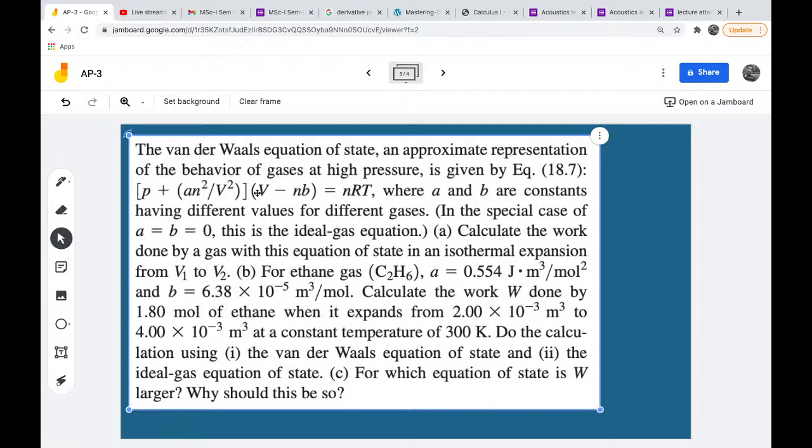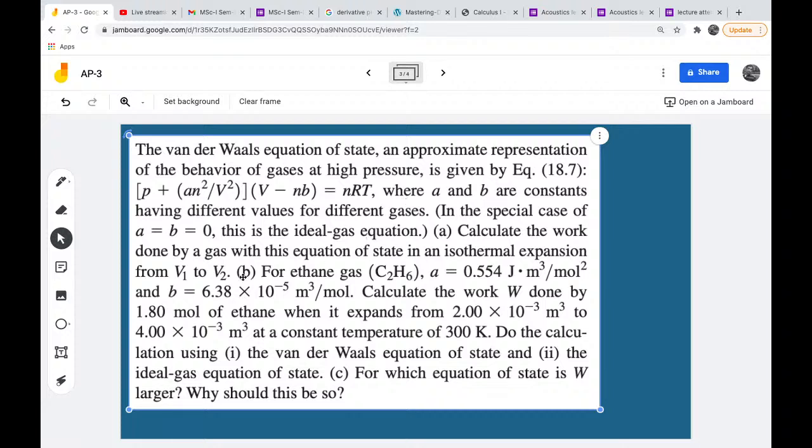So the actual volume available to the gas would be less than the volume of the container. So this is a negative correction. These two corrections put together give what we call the van der Waals equation of state. So we are going to use this.